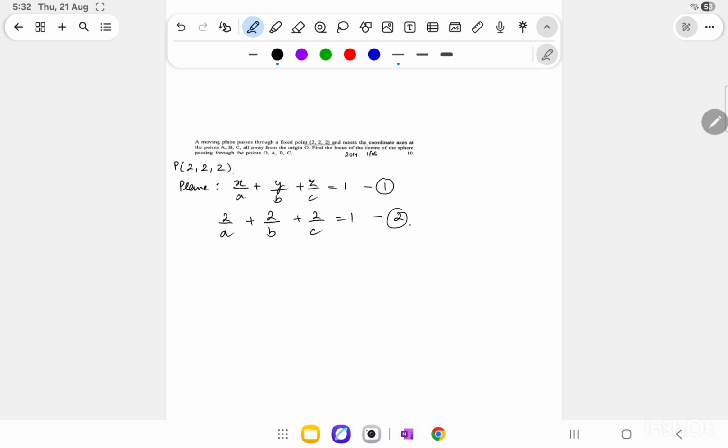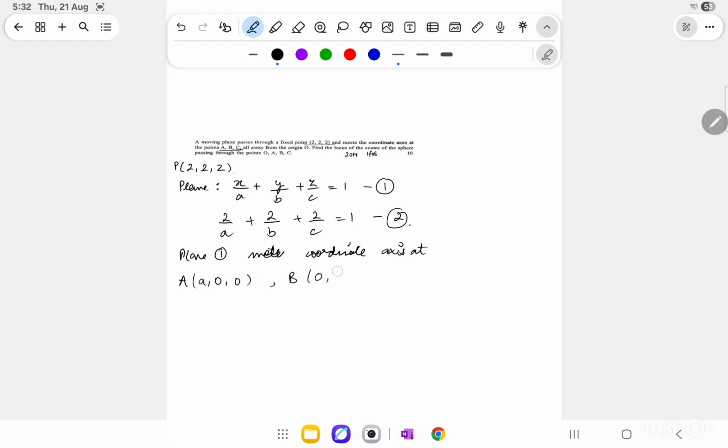Further, it says that this moving plane meets the coordinate axis at point A, B, C. So plane 1 meets coordinate axis at A, B and C. So I can calculate coordinates of A, B and C. So my A will be a, 0, 0.